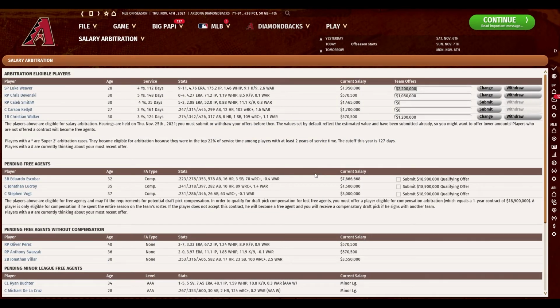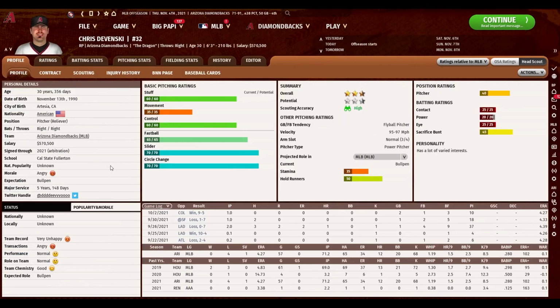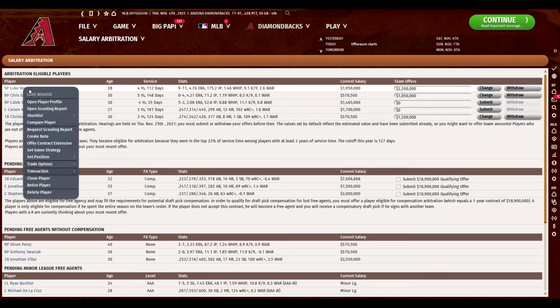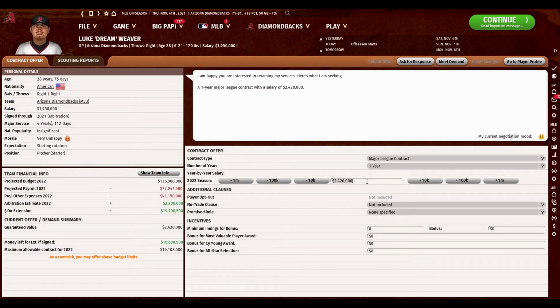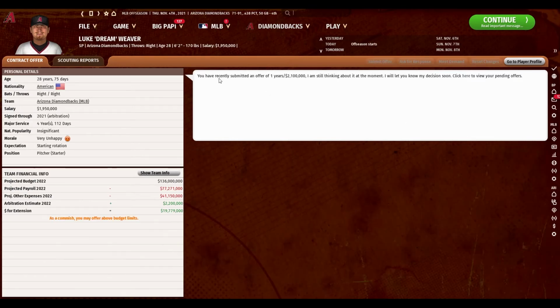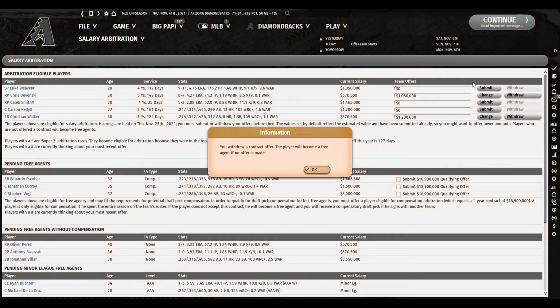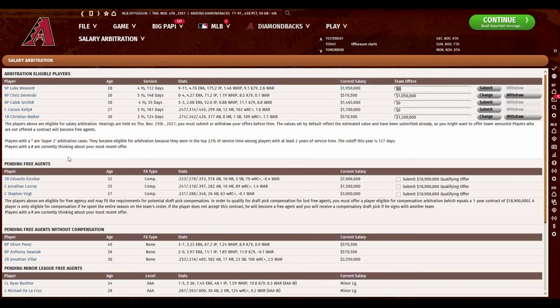You can save yourself maybe not a ton of money, but a couple $100,000 here and there. And if you're a rebuilding team, that's obviously important. So just from these 3 players alone, we saved about $350,000 because they will agree to those contracts.